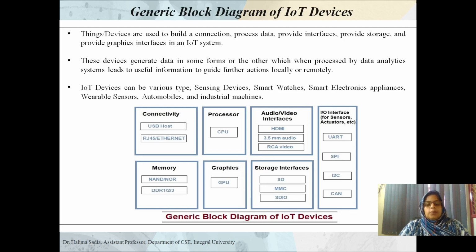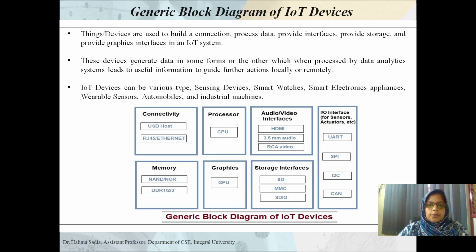Now, let us one by one go through the components of the generic block diagram of IoT devices. As we can see in this picture, we have connectivity, we have processor, we have audio video interfaces, we have memory, we have graphics, we have storage interfaces, and we have input output interface for sensors and actuators, etc. Each component then comprises other units that are attached to it to provide the overall functionality to the IoT systems.